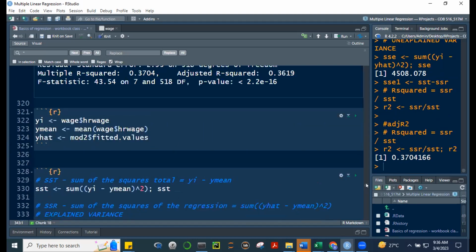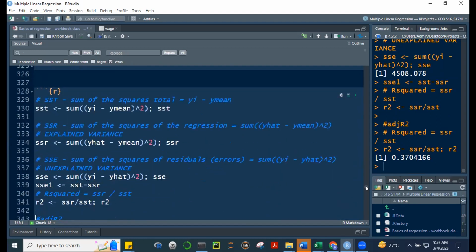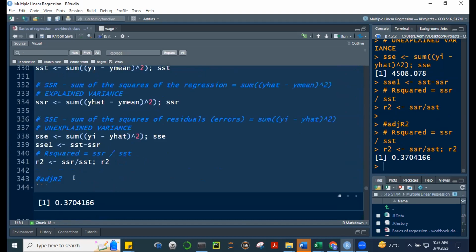And you can see this here in our model, right? This is it. So this is the multiple R squared. Okay. And lastly is your adjusted R squared. How is this computed, class? The adjusted R squared. So let me just give the formula, it's a bit long.